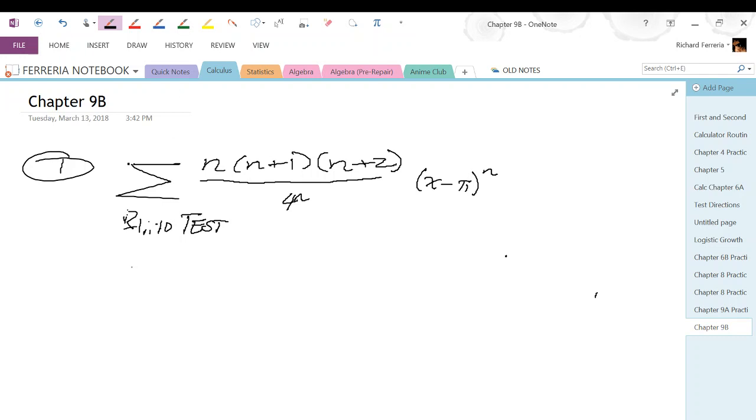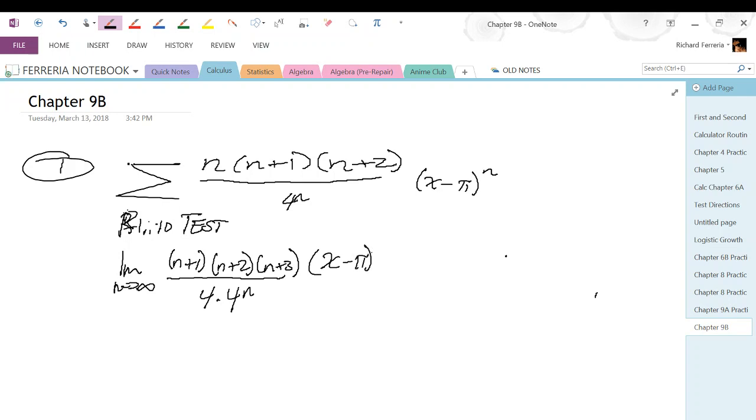What do we have then? That's our ratio test. We're going to take a limit as n approaches infinity. We're just going to increment all those n's to n plus 1, n plus 2, n plus 3. That's 4 times 4 to the n. And then we also have x minus pi to the n multiplied by x minus pi.